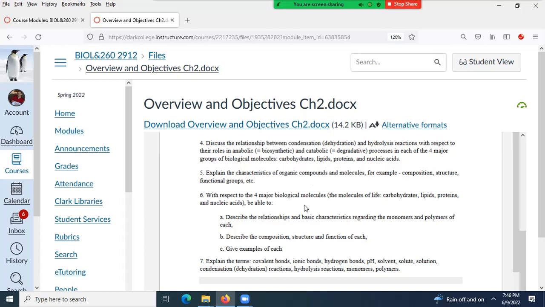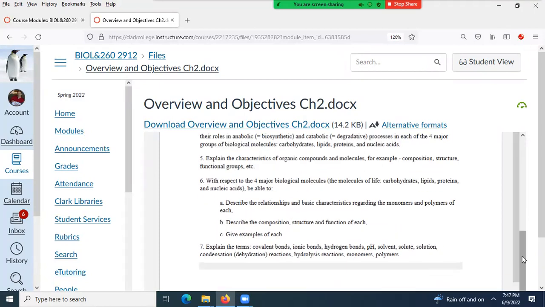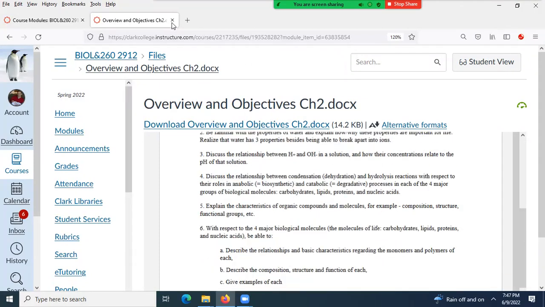The molecules of life include the carbohydrates, the lipids, the proteins, and the nucleic acids. If I give you one of these molecules, you should be able to tell me what molecule it is: a carbohydrate, a lipid, a protein, or a nucleic acid. All right, any questions about chapter 2? All right, that was pretty quick.